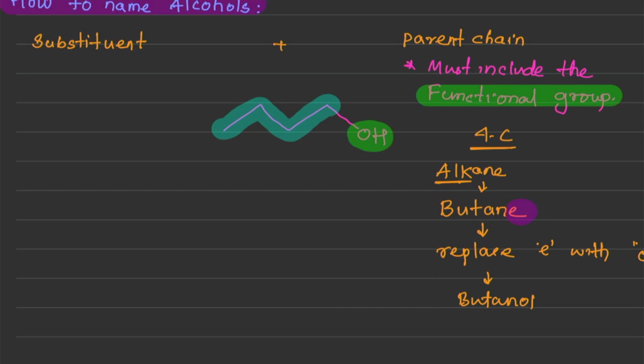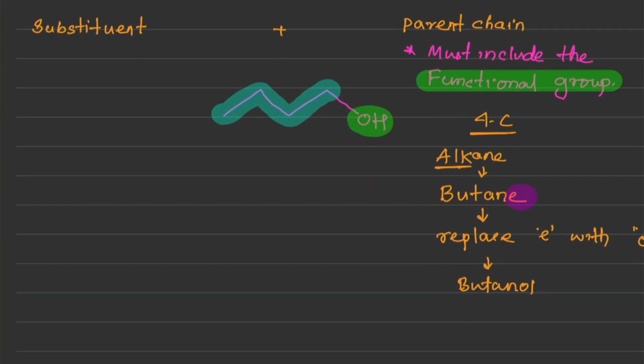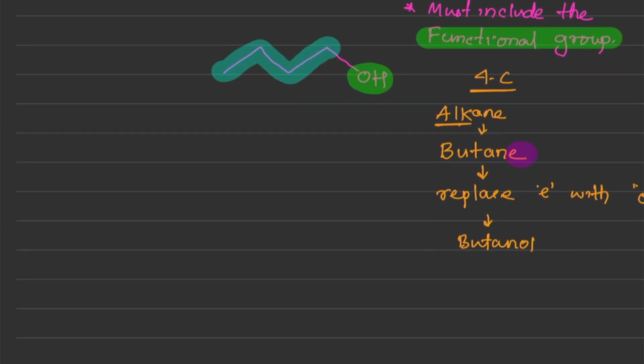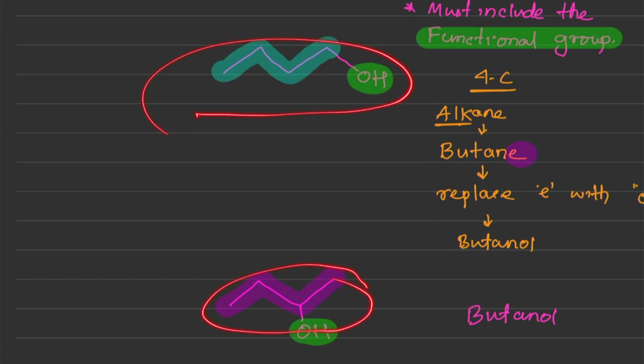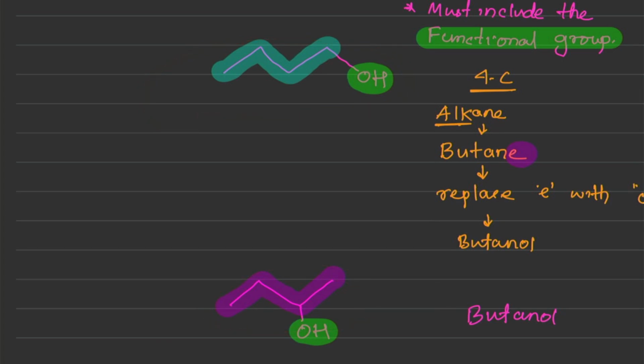We always have to add it, because otherwise we can have situations where, let's say I draw another one. This one also has 4 carbon atoms and an OH functional group, so this one is also going to be called butanol. But as we can see, both of them are different, so we cannot call both of them butanol, right? So we've got to separate them.